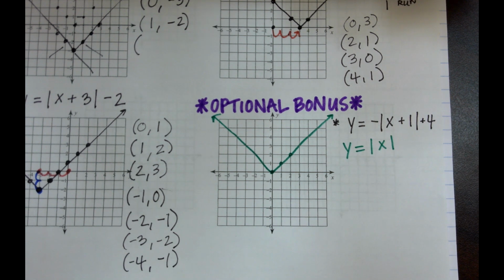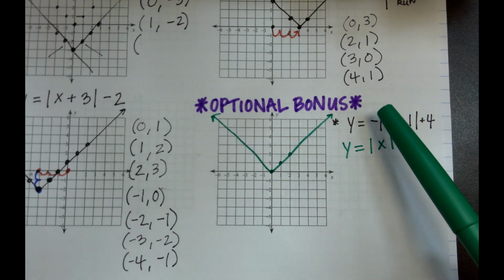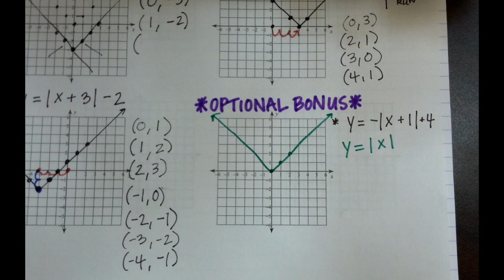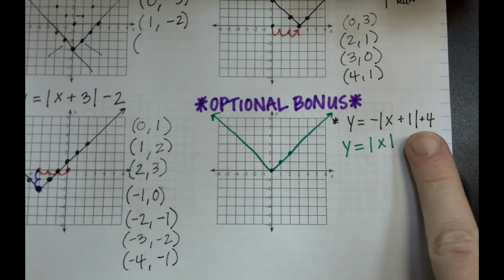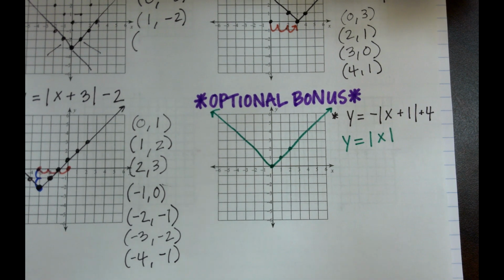Okay. So let's see. We have a negative on the outside of our absolute value. We have x plus 1, and then outside we also have plus 4.